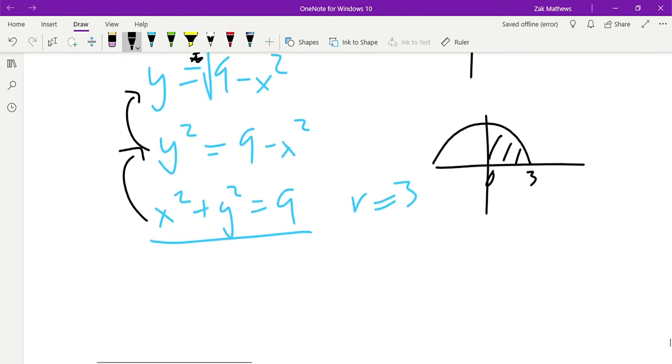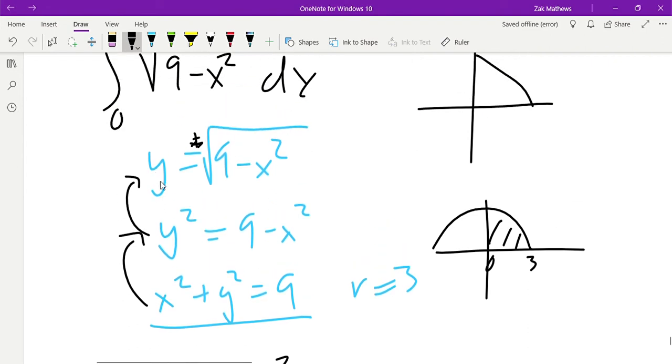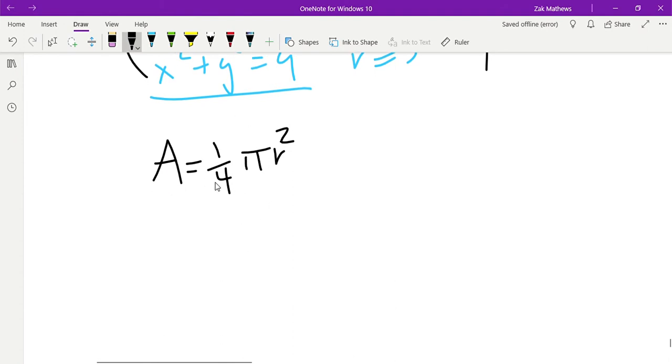Luckily enough, we know how to find the area of a circle. The area of a circle is pi r squared. And now that we recognize its shape, we know that it's a fourth of that circle. So we are going to find the area of a circle with a radius of 3, that would be 9 pi, and take a fourth of it, which is 9 pi over 4.